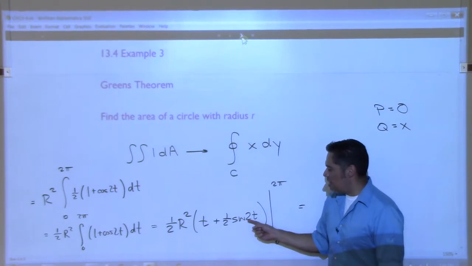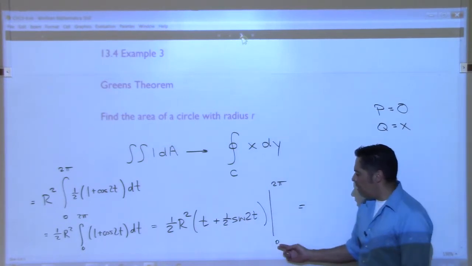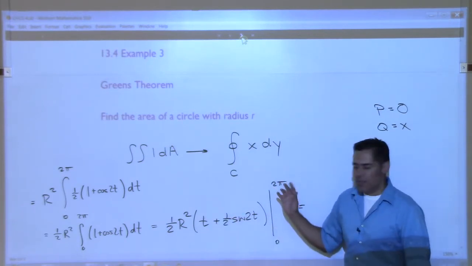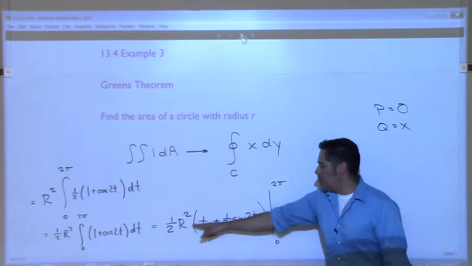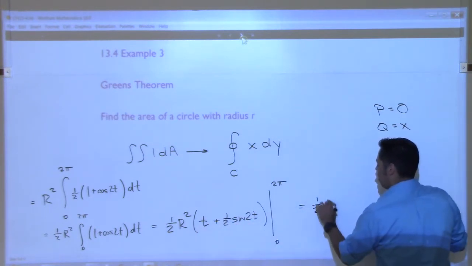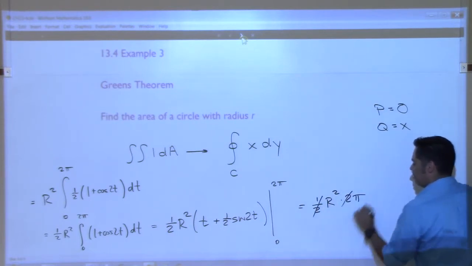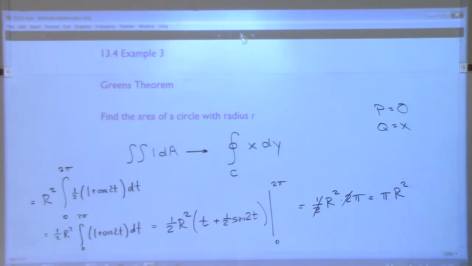And then here, sine of 4 pi is 0. And then what happens when I plug in 0 here and here? 0, 0, so it's gone, right? So the only thing I'm going to have is the 2 pi right there. And then we put the 2 pi next to that, you get 1/2 r squared, and then times 2 pi. And these cancel, so you get pi r squared. It all works.